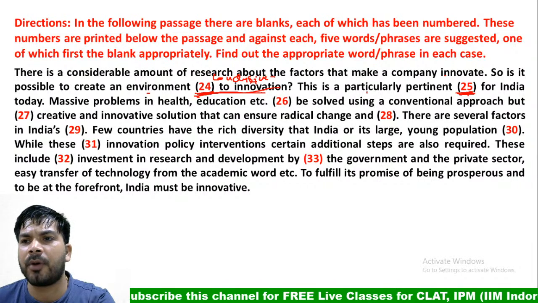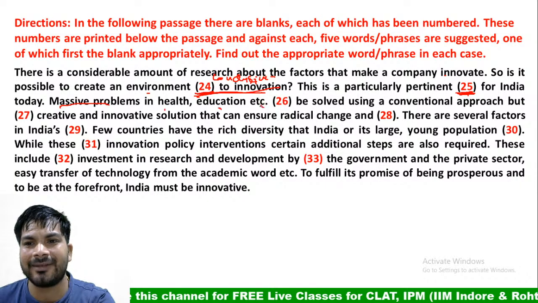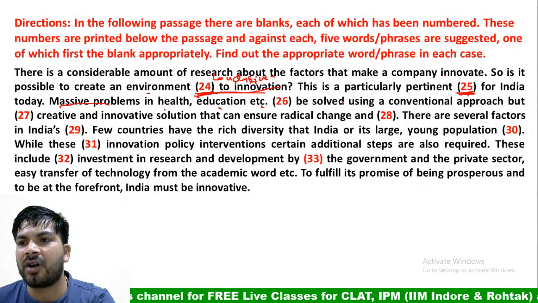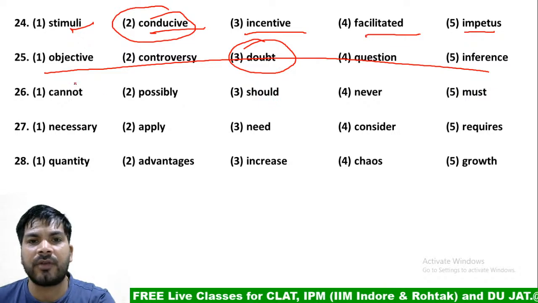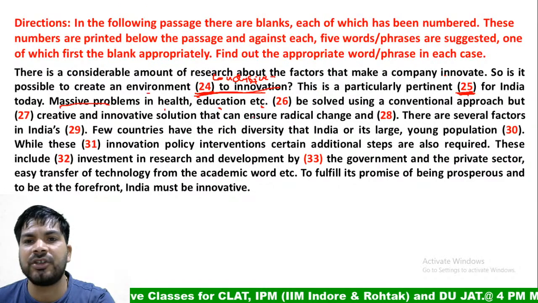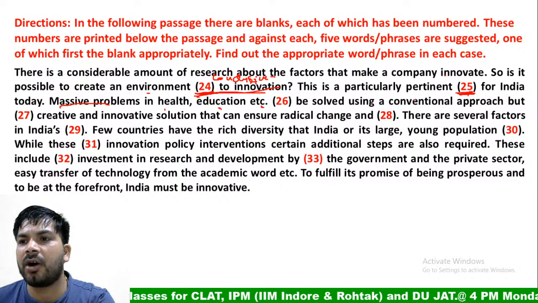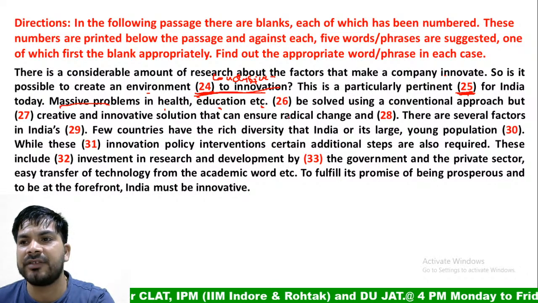It is a very important doubt, and that is why we are talking about massive problems in health, education, etc. Dash be solved using conventional approach. Dash be solved, that means can be solved, cannot be solved, right? So I think cannot be solved, right? It cannot be solved using traditional or conventional approach, but dash creative innovation solution can ensure radical change.